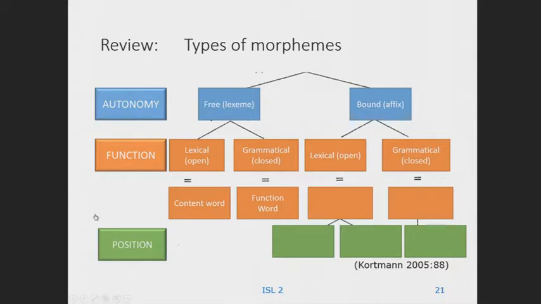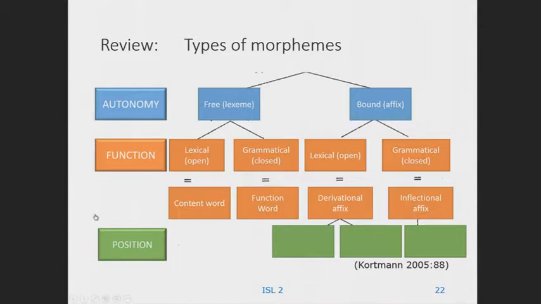And then how about the bound ones? What do we call lexical bound ones? What do they do to a word? Well, we said they sort of create a new word, right? And if they create a new word, we derive a new word. So those are the derivational affixes.